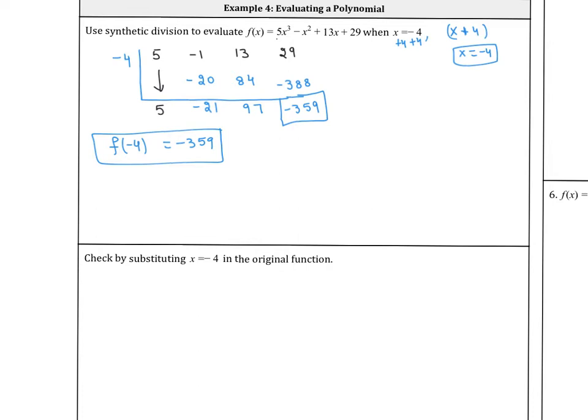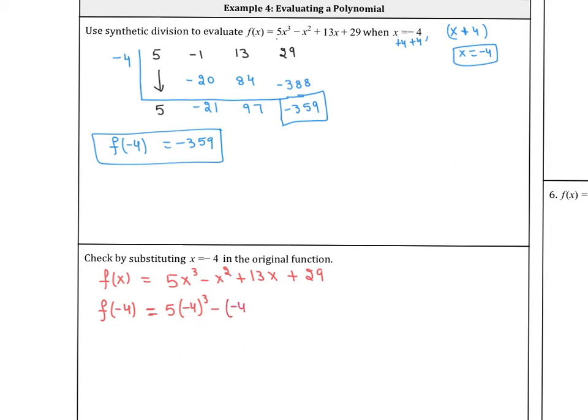So instead of synthetic division, we plug it into the function f(x) equals 5x cubed minus x squared plus 13x plus 29, with x equals -4. Let's see if we get the same answer as the previous example, -359, or not.